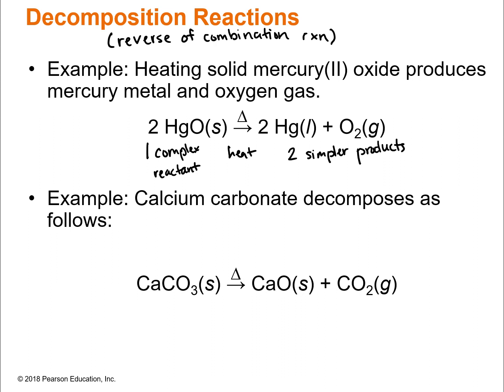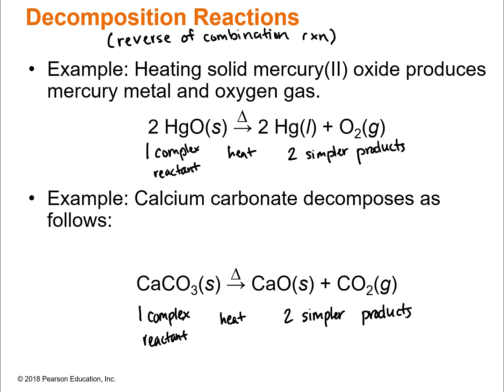The second example, we've got calcium carbonate decomposes to yield calcium oxide and carbon dioxide gas. Again, you see that triangle meaning heat. One complex reactant, heat, 2 simpler products.